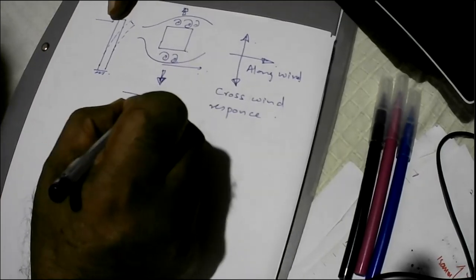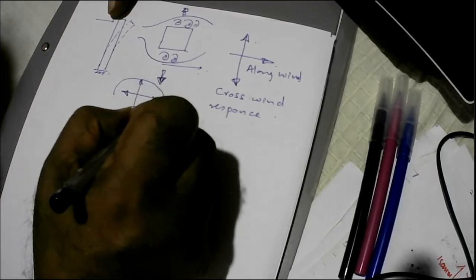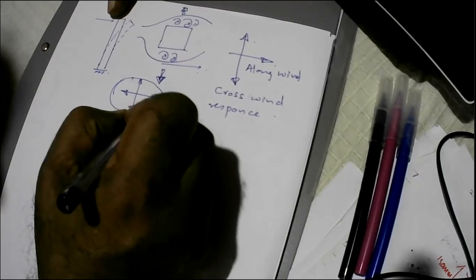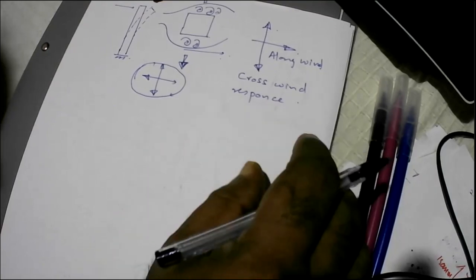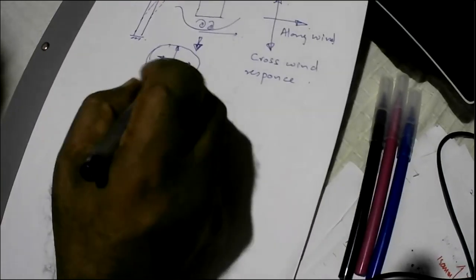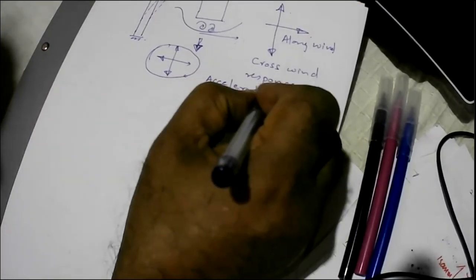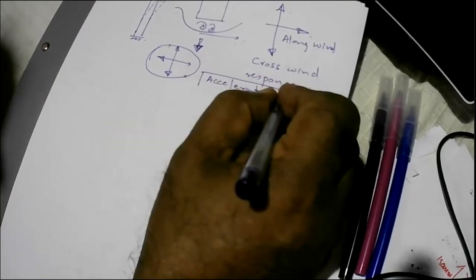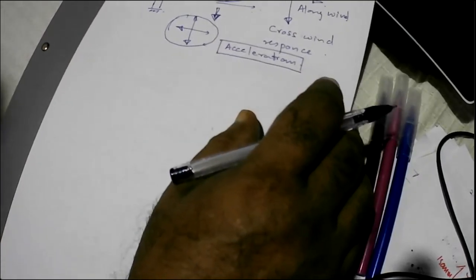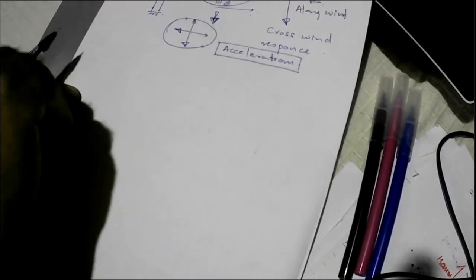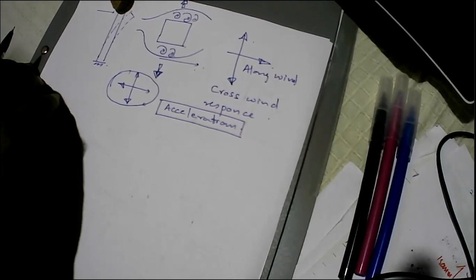All the time the building will be moving this way and this way, which means that finally the building will be moving in an elliptical path like this due to the wind effects acting in a particular direction. Because of this movement, there can be accelerations, and we have to determine the likely magnitude of the accelerations as well. So today what you are going to see is how these accelerations can be determined.